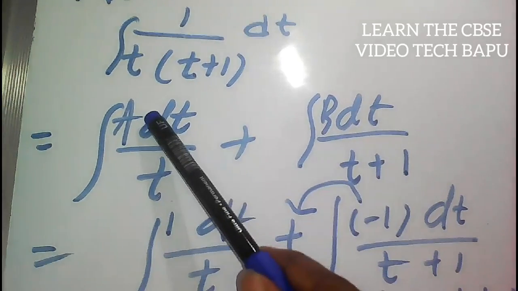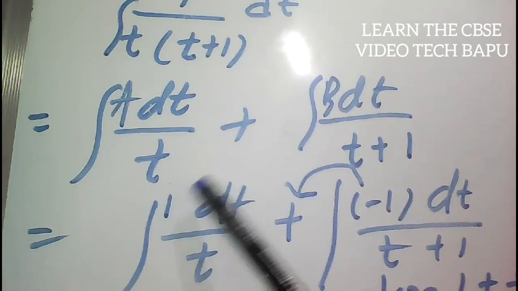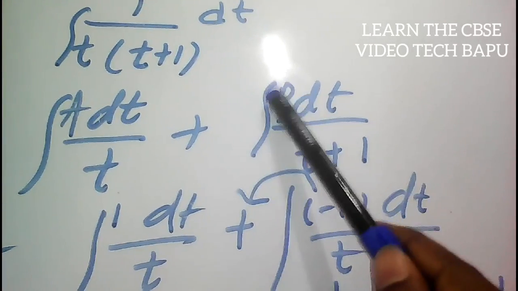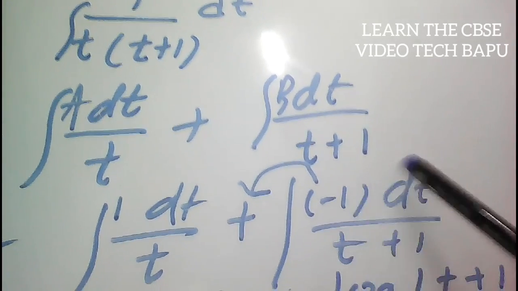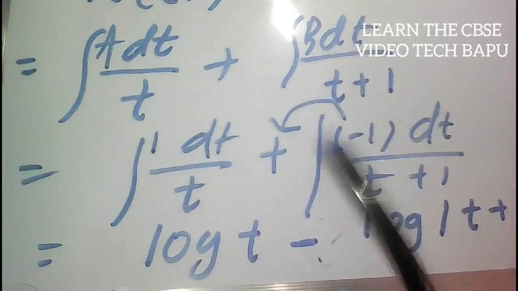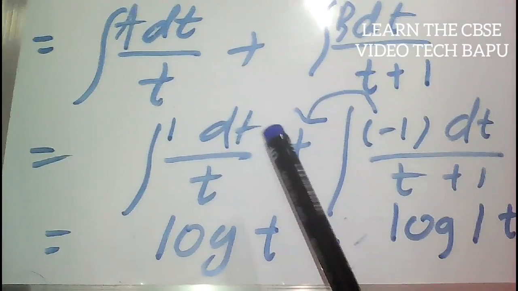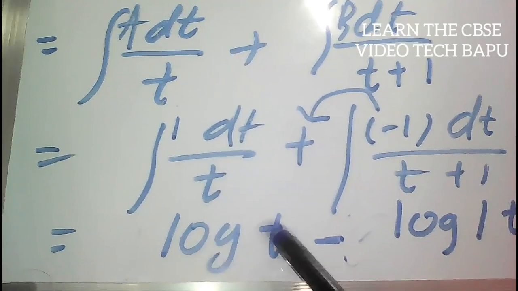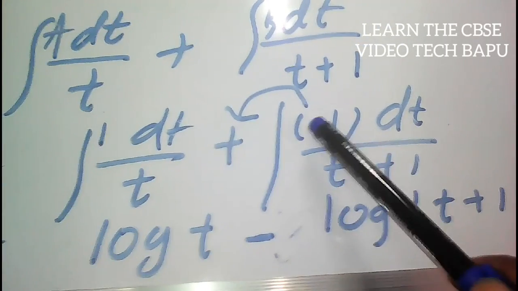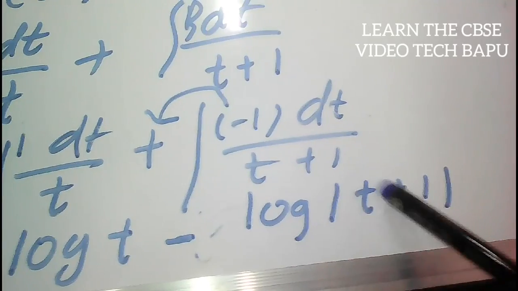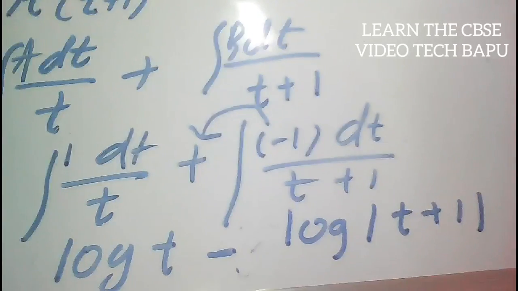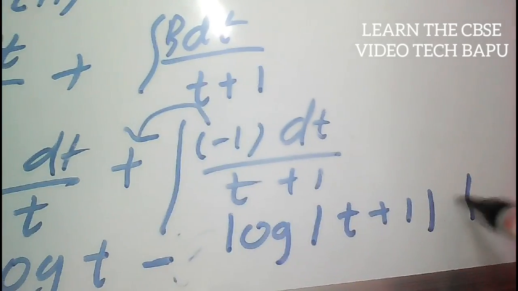Putting the value of a, you get 1 dt by t, and putting the value of b, we have already taken minus 1 dt by t plus 1. This value would come out as integral of dt by t as log t, and minus dt by t plus 1 as log of t plus 1, plus c.